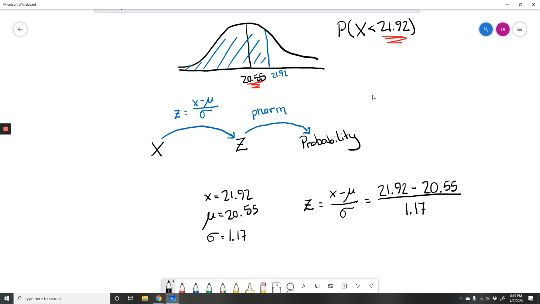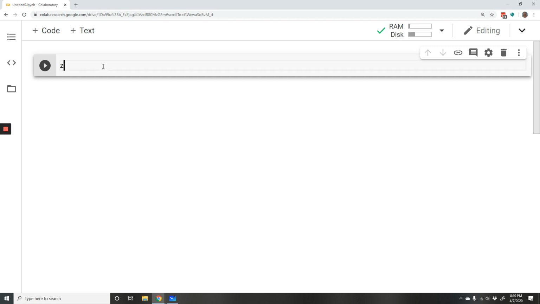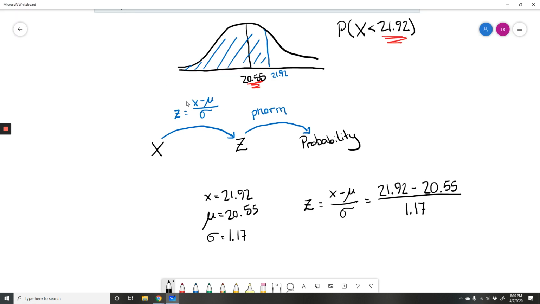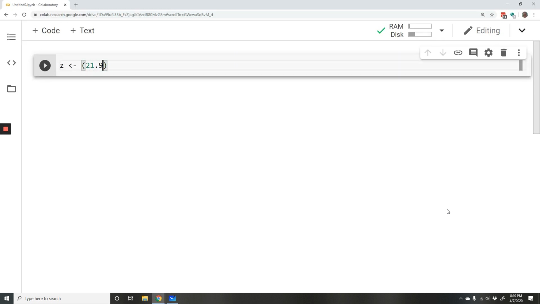Okay, so let's go ahead and throw that into our notebook to get our Z value. There it is. So, I'm actually going to store it in the variable Z. So that was 21.92 minus 20.55 divided by 1.17.